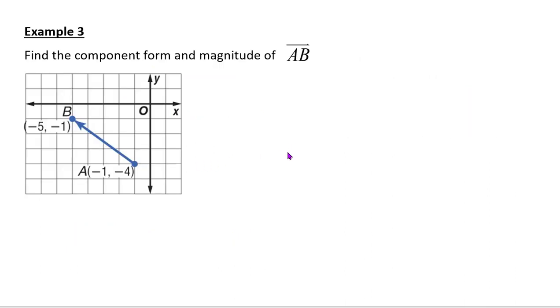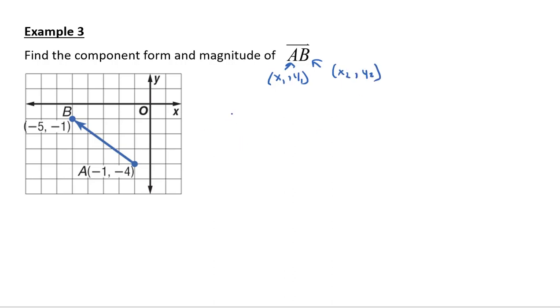Okay, find the component form and magnitude of AB. You always start at A; that's always your x1, y1. And the terminal point is always your x2, y2.